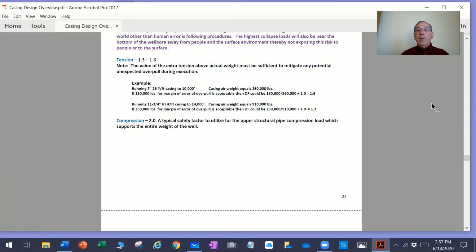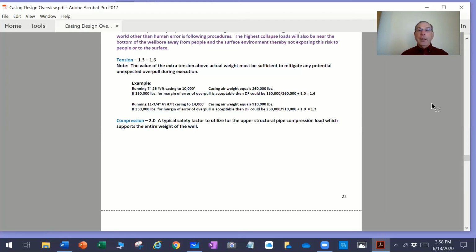So if we wanted, just for safety, to make sure the driller doesn't make some mistake, if we wanted 150,000 pounds margin of error in overpull, and we thought that was acceptable, then the design factor would be 150,000 divided by our air weight, 260,000 pounds, plus, I call it, the factor of 1. So we would need a 1.6 safety factor for that application. So we would be designing in 150,000 pounds overpull.